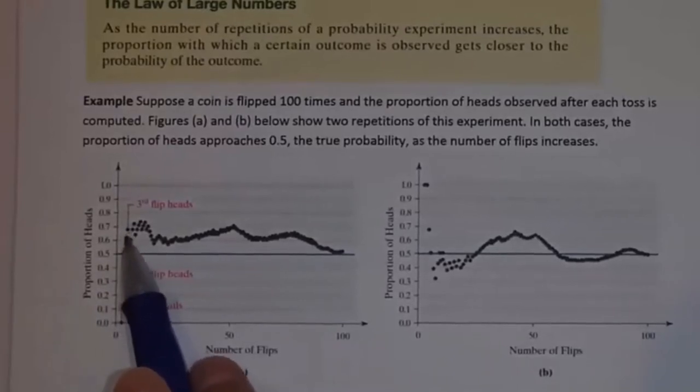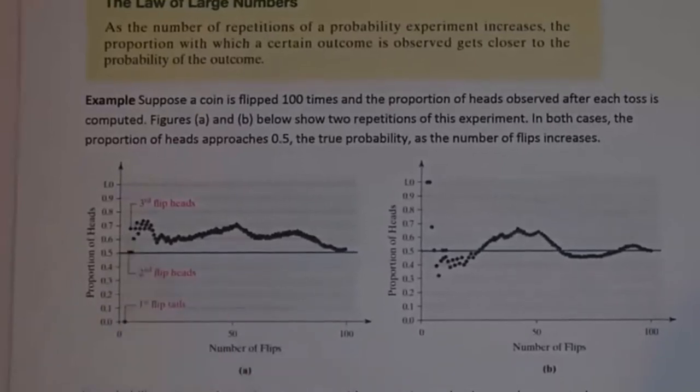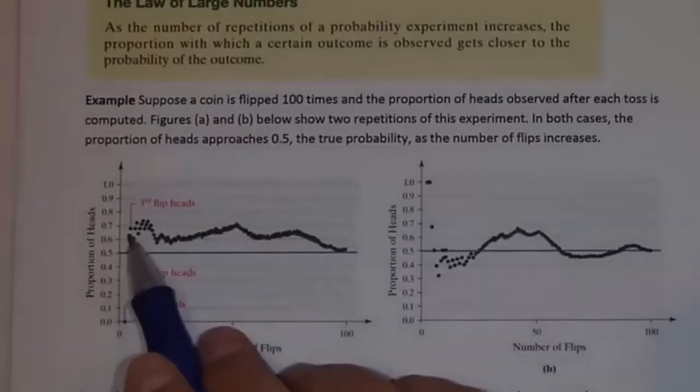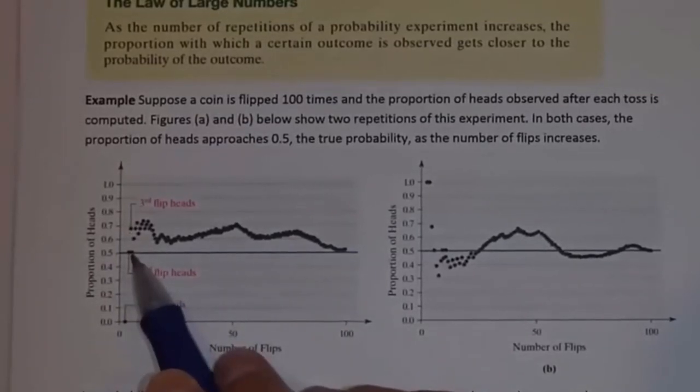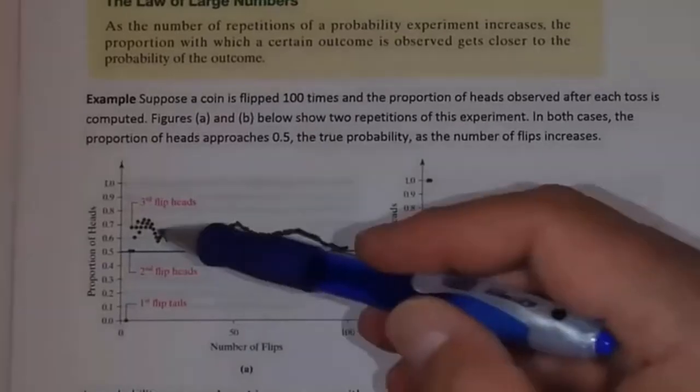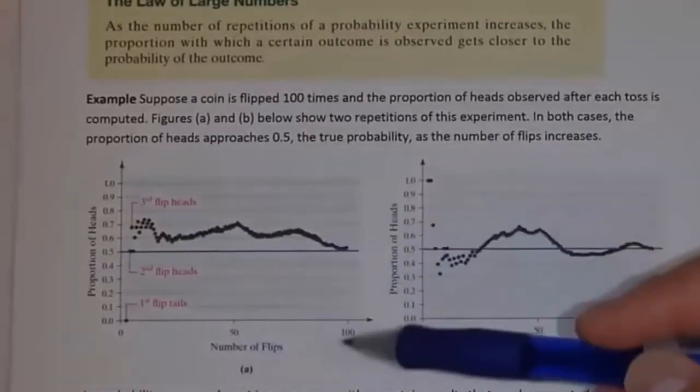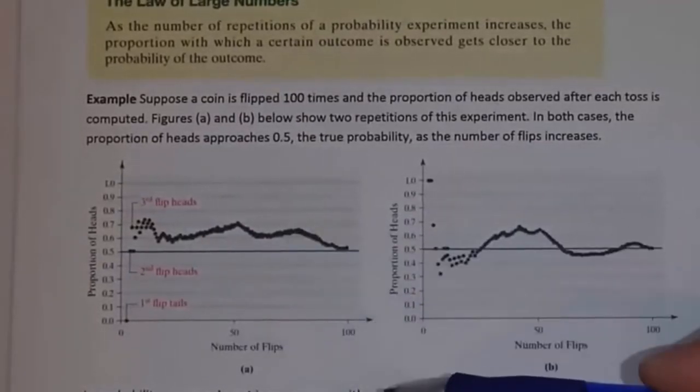On the third flip, it landed on heads again, so now I have 2 out of 3 that are heads, so the proportion is 2/3. I flip the coin a 4th time, it lands on tails. So now I'm back at 50%, 2 heads out of 4 flips, and so on. So it's tracking the proportion of heads at any given number of flips.